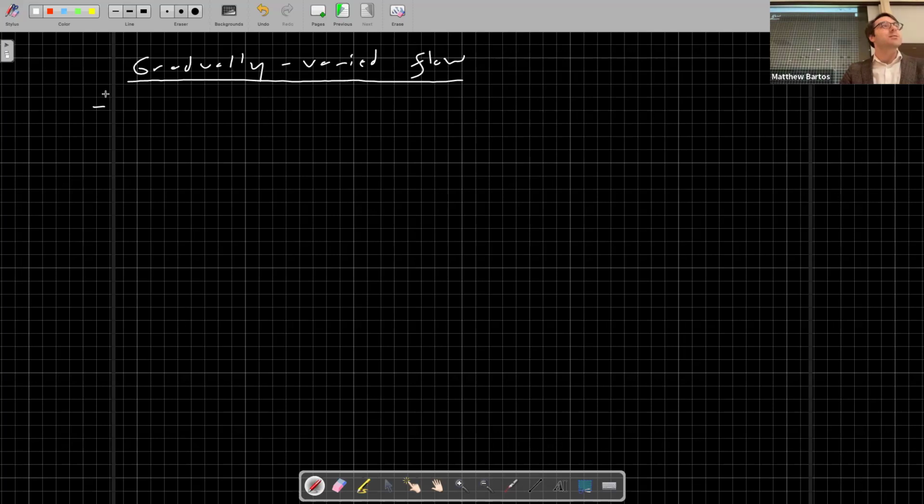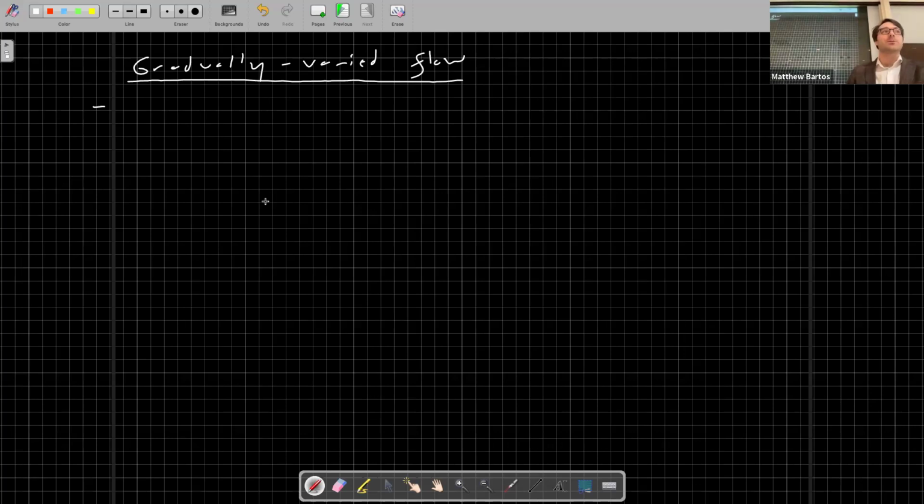How about this? What was our definition for uniform flow? What was uniform about uniform flow? Yes? Constant velocity and, yes, all three of those. So constant depth, discharge, and velocity throughout the length of the channel.